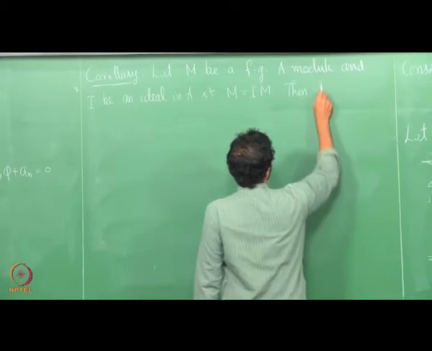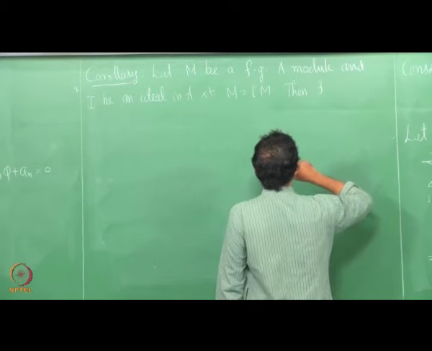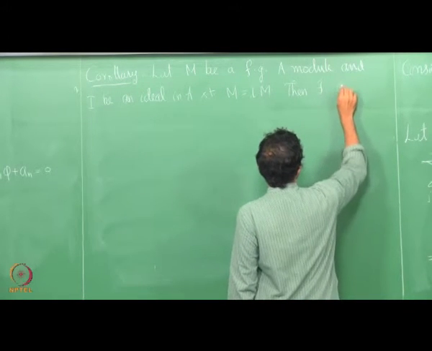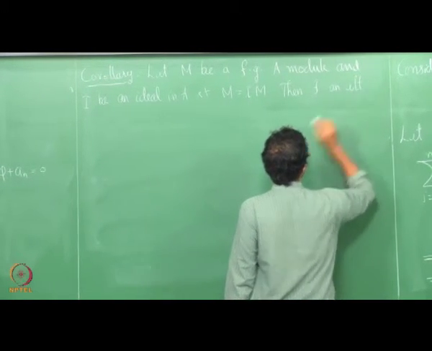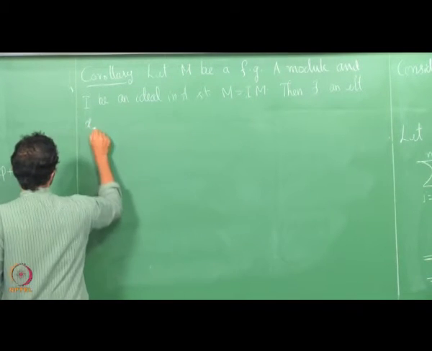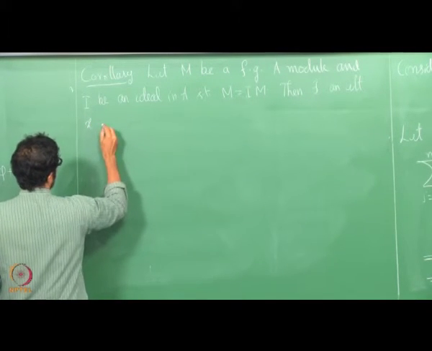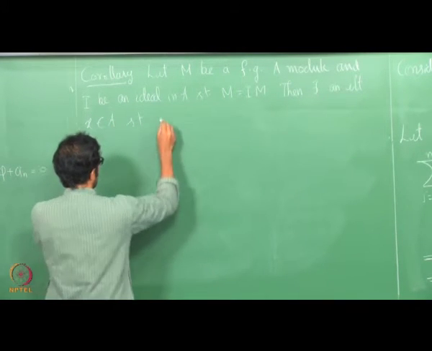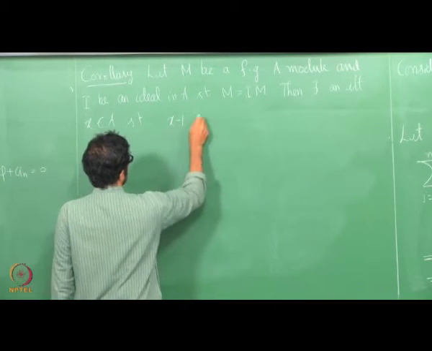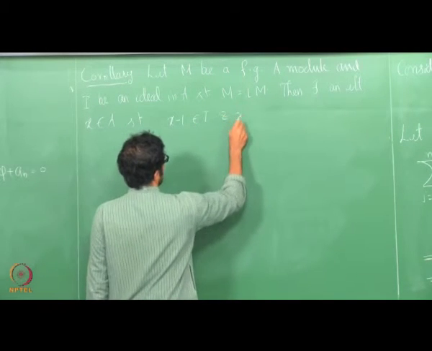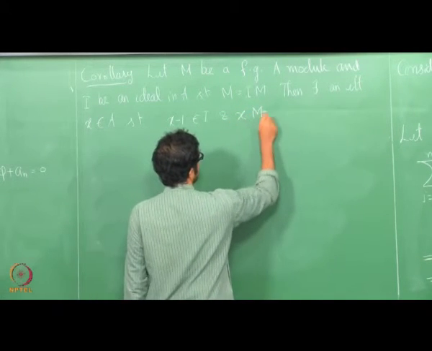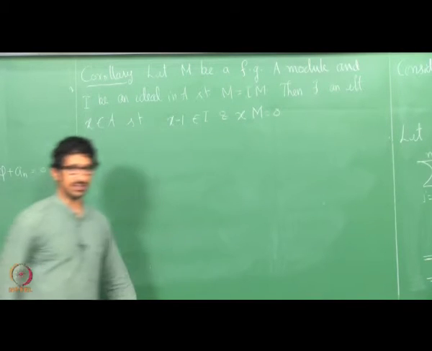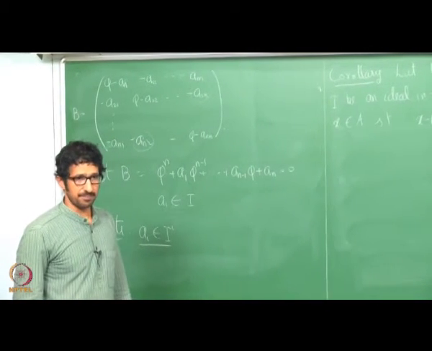Then there exists an element x in A such that x minus 1 belongs to I and x M is 0, or x is in the annihilator of M.